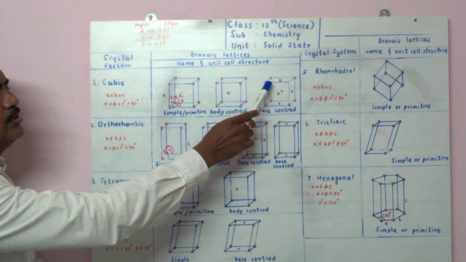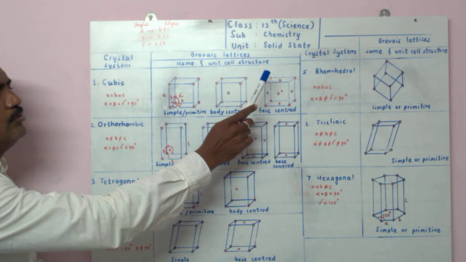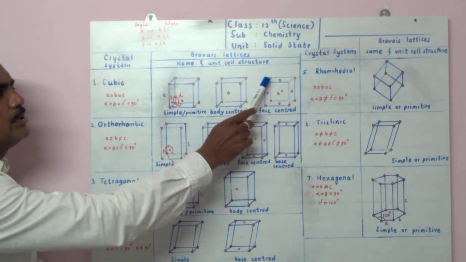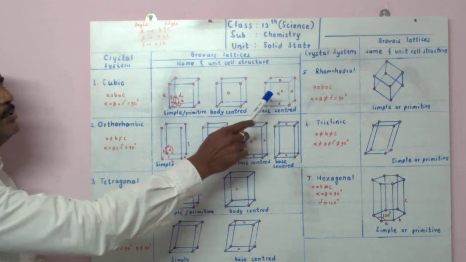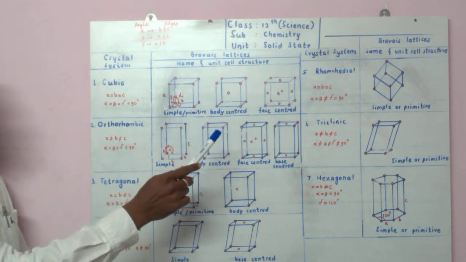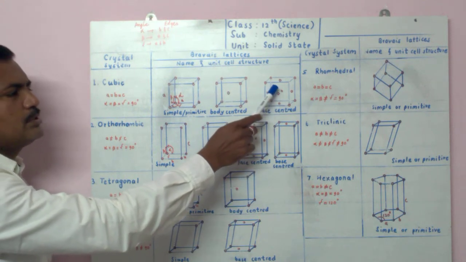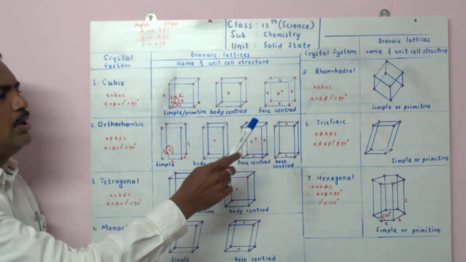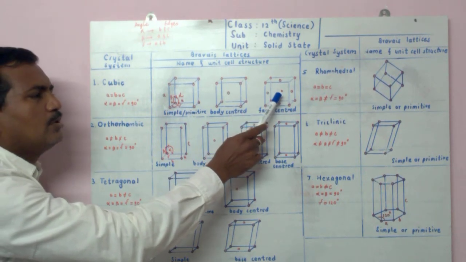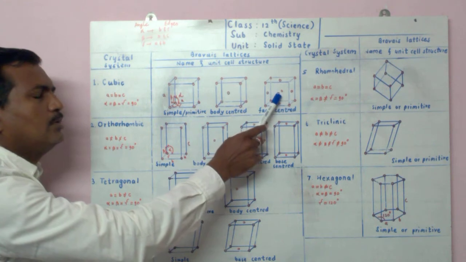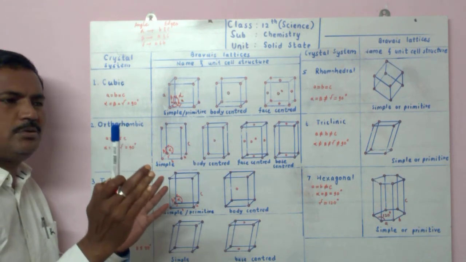Then in face centered, particles are present at the eight corners of the cube, as well as 3 particles at the 6 faces of that cube. Each face contributes half a particle, which means one particle is shared between two cubes.